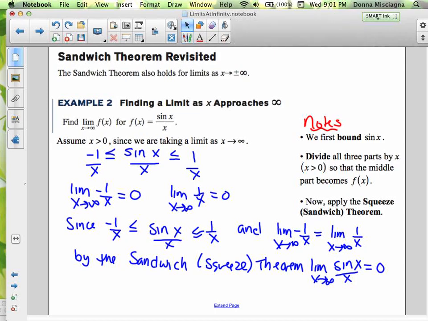And there we go. So we have found our limit using the sandwich rule and justified it.